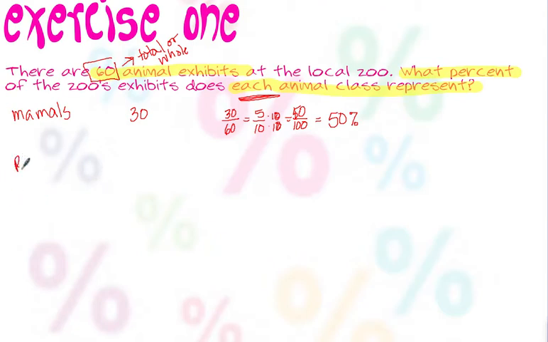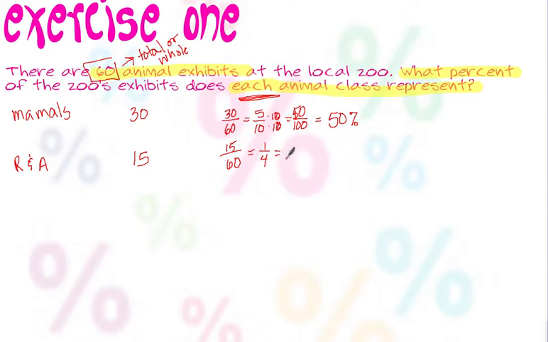All right, so we have reptiles and amphibians, and that is 15 exhibits. So that would be 15 out of 60. And then I can divide both of those by 15 and get 1/4.